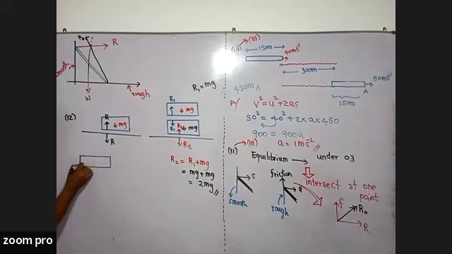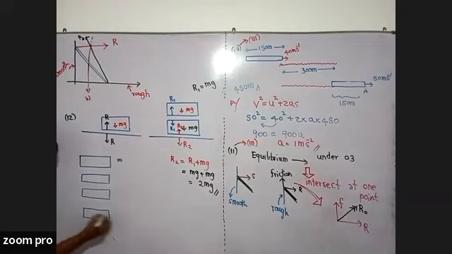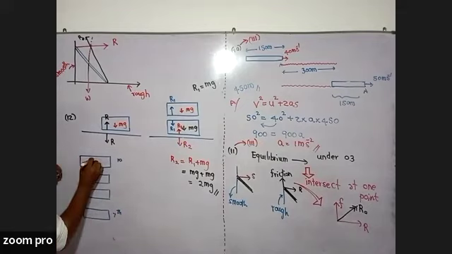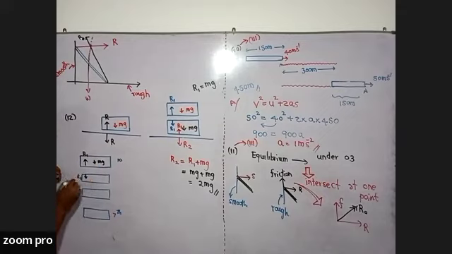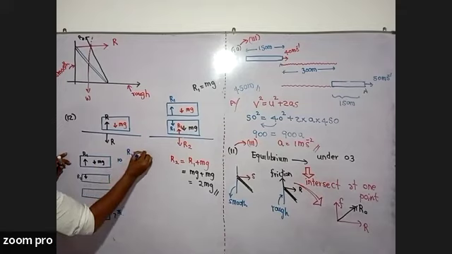If I draw the 10 coins, this is the 10th one, and this is the 9th one. Okay, let's mark the forces: mg, R1. So R1 equals mg.